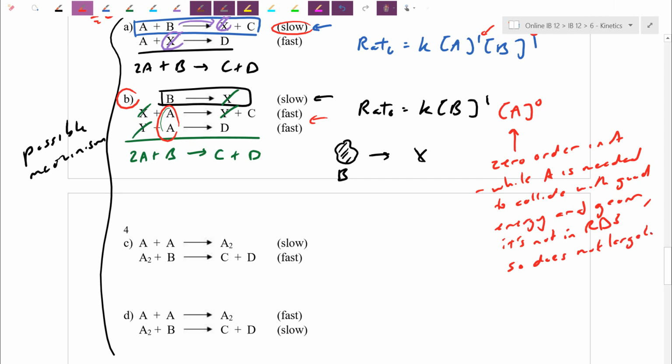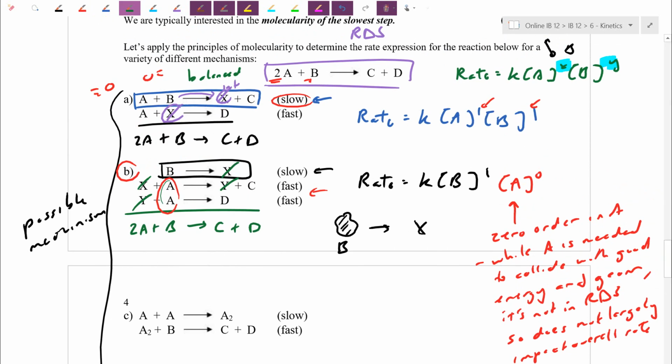It will have a little bit of impact, but does not largely impact the overall rate. And that's why we can actually have a 0 order reaction, and that's why we can't just take the stoichiometric coefficients and put them into the powers. We can't do that, because I need to really know how the collisions are actually happening.